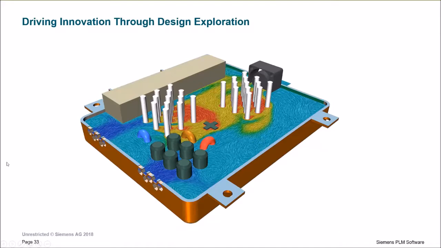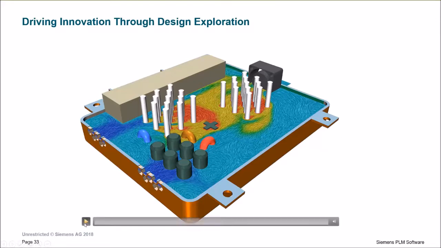So we can set up a problem that starts testing and combining all these design variables in an intelligent way in order to minimize the temperature on the devices attached to these heat sinks, and also in order to make the temperature distribution within the electronic device as even as possible.